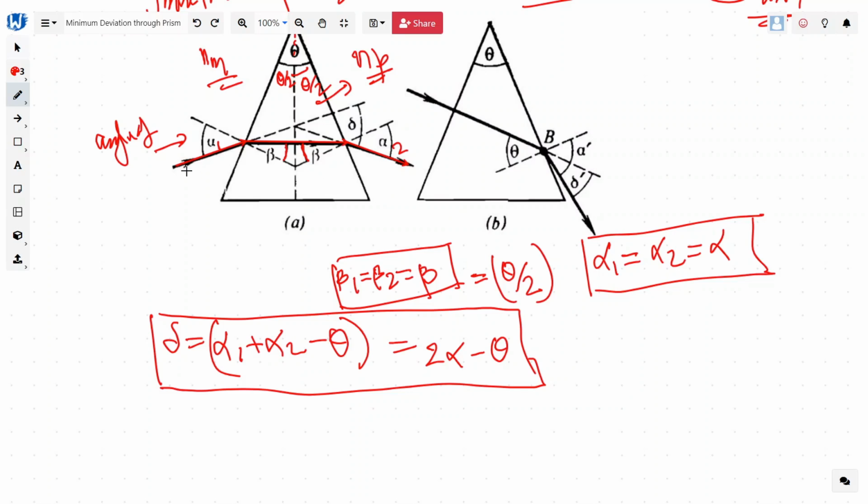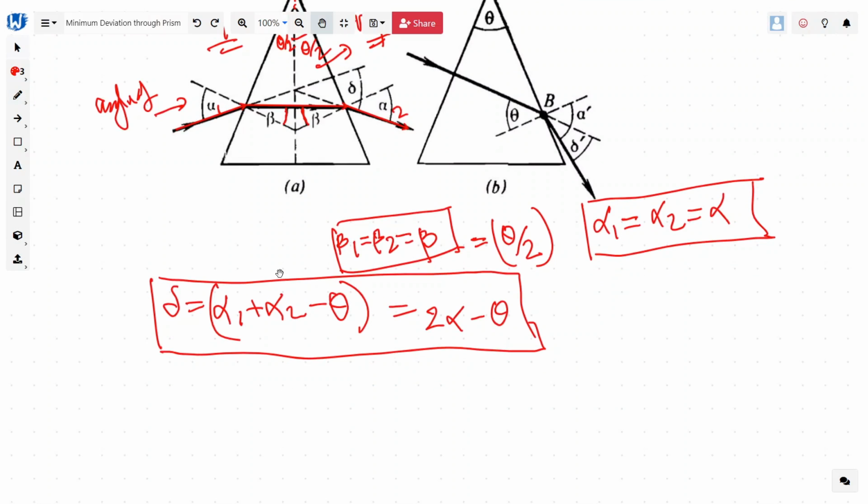So we have the ray coming from this angle in the medium Nm, at point, let's call it A. Okay, so Nm, which is the refractive index of the medium, into sine of alpha is going to be equal to, this is beta, sine of beta multiplied by the refractive index of the prism.